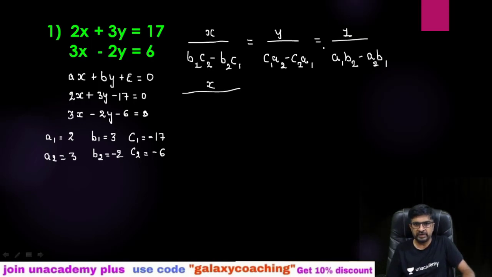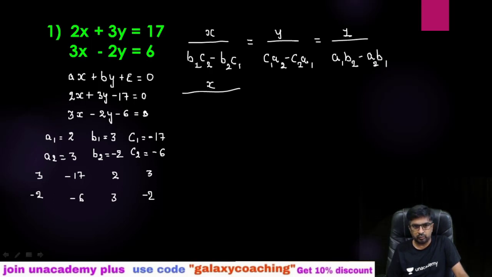As we start from b, here also first write b's values 3 and minus 2, then c's values minus 17 and minus 6, then a's values 2, 3, and then again b's values 3 and minus 2. Start with b and end with b also.